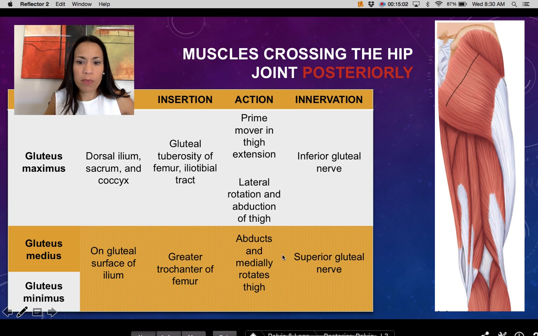Okay, so remember, the superior gluteal nerve serves the two gluteus muscles, the medius and minimus, and also tensor fasciae latae. The inferior gluteal nerve, for my class, according to the list of muscles that we have, serves only the gluteus maximus.